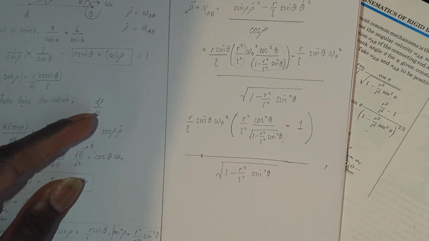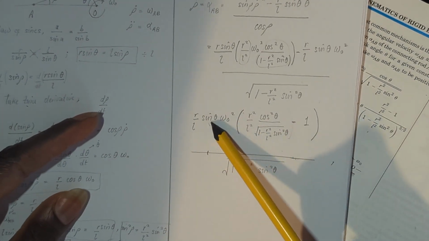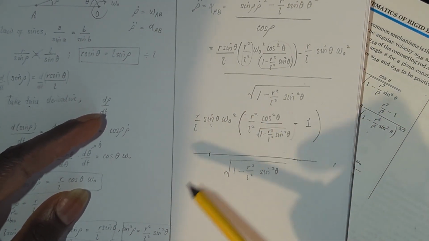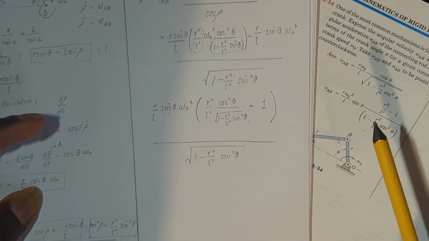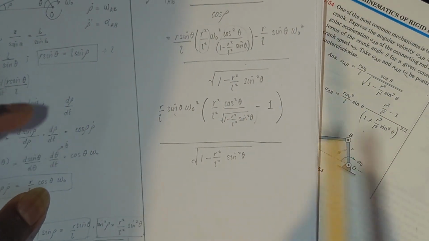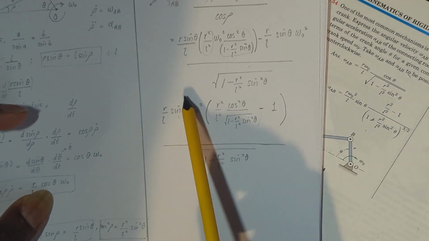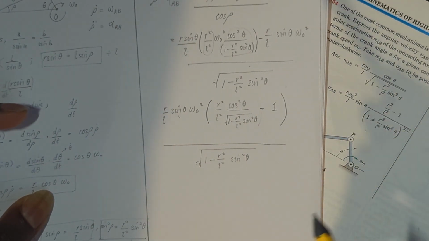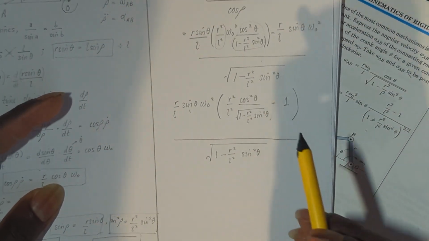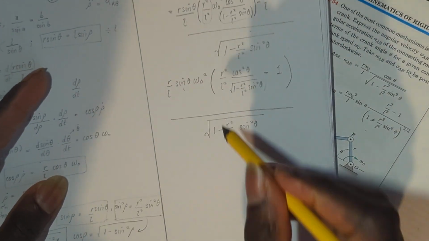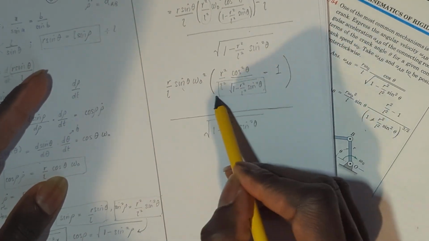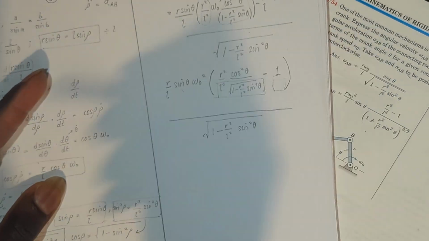Let me just simplify. It's all done. It's all in terms of theta, r, and L. So the equation can be done here. But let's show that this is equal to this. We have to simplify this further because this is way neater. So I simplify this further by changing the bottom. I make sure this here is the denominator here, and you know how to change a fraction like that.